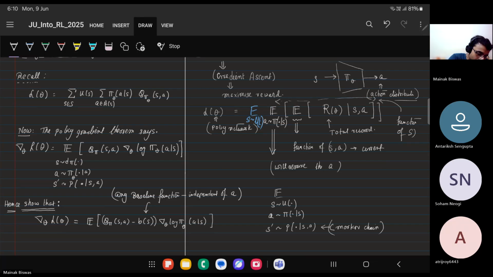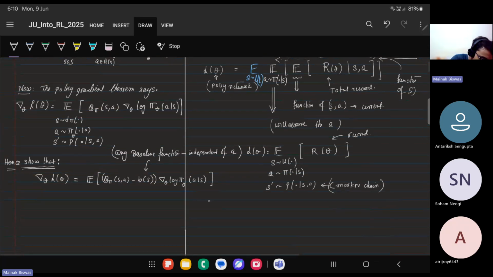We saw this was the expected value of the reward, defined as L theta. This is what we wanted to do: maximize the total reward.